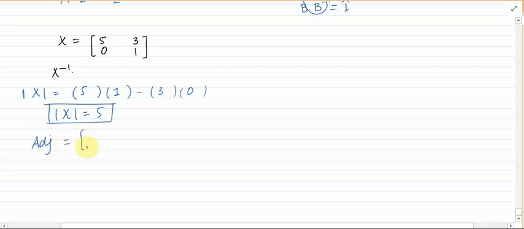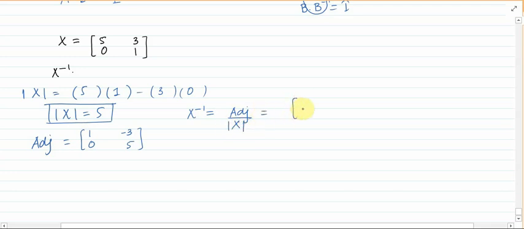Adjoint of X: swap the positions of A and D, so it will be 1 and it will be 5. Now change the sign of B and C. The final step for X inverse is adjoint divided by determinant.